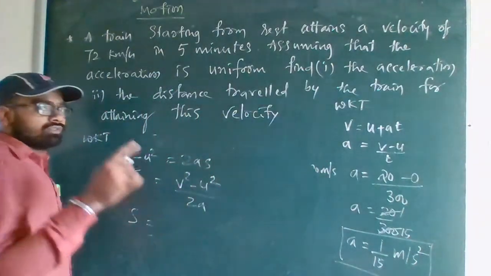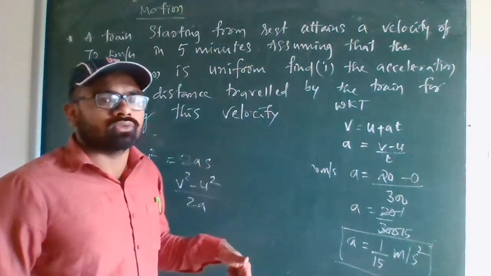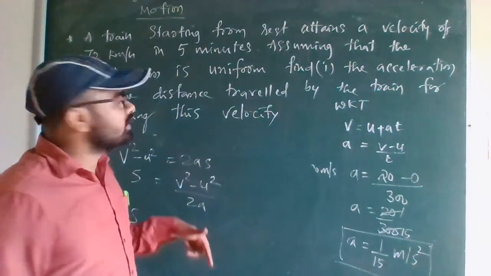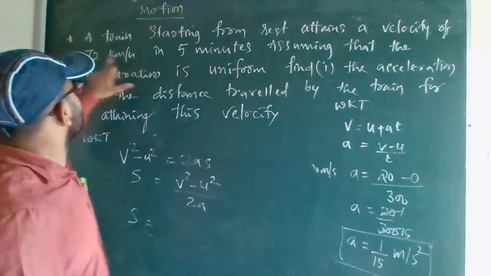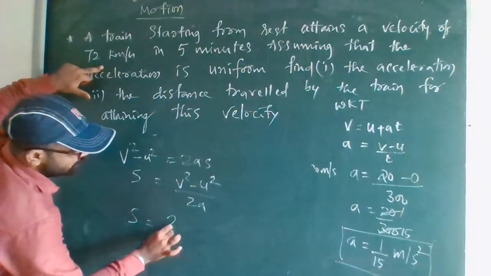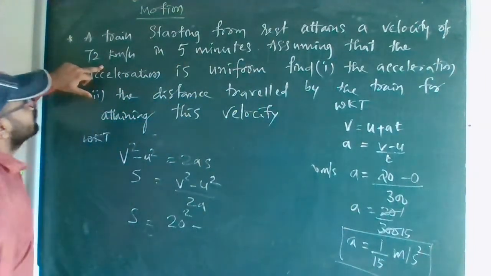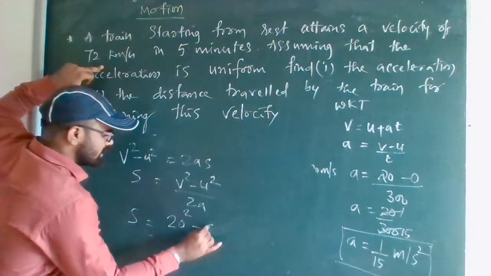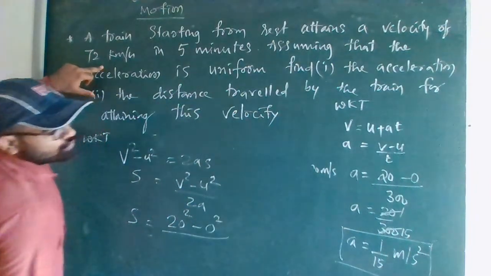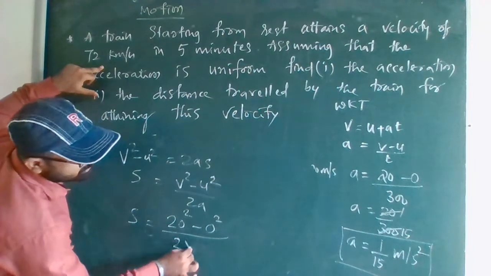V is the final velocity we have noted down, 72 km/h, which is 20 meter per second. 20 square, and U square is 0 since it starts from 0, 0 square, divided by 2A, that is 2 into 1 by 15.